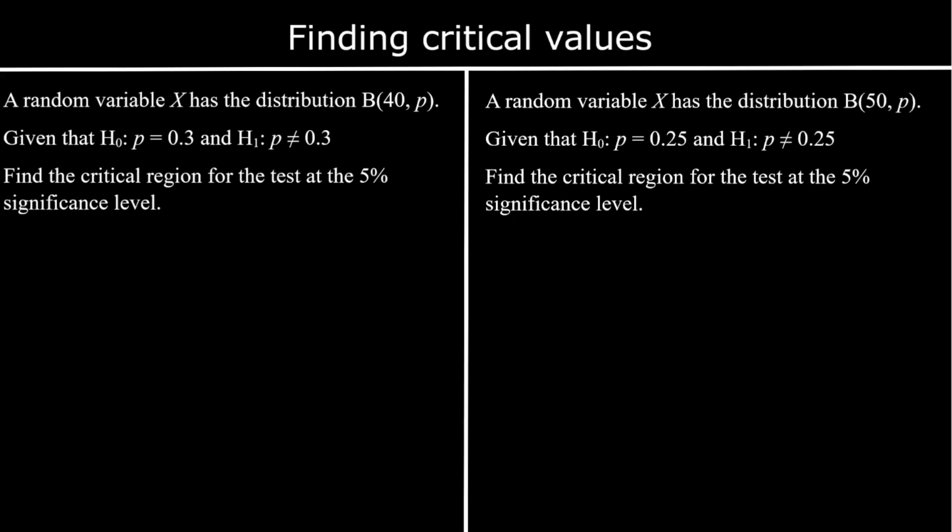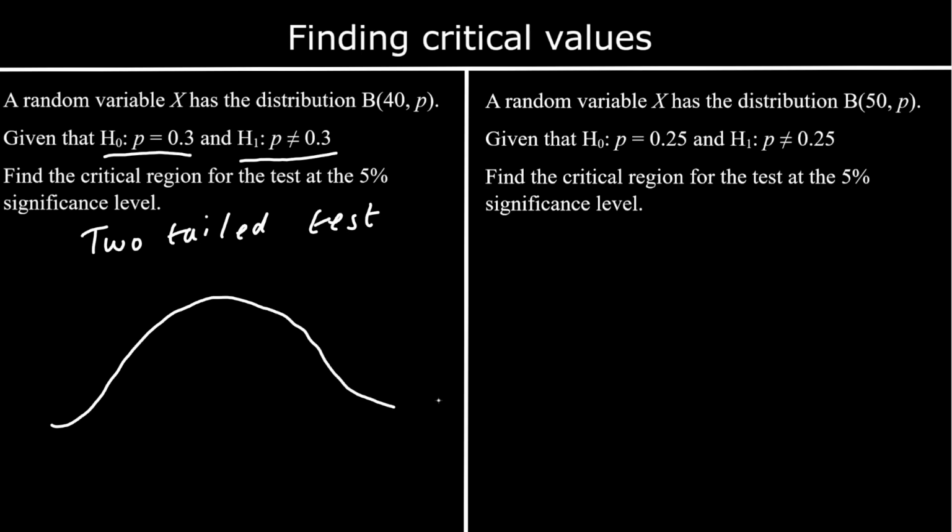Here we've got another question. This time the null hypothesis is 0.3, but the alternative hypothesis is just that the probability is not 0.3. So it's not specifying whether it should be higher or lower. This makes it a two-tailed test. So we're going to split our significance level.